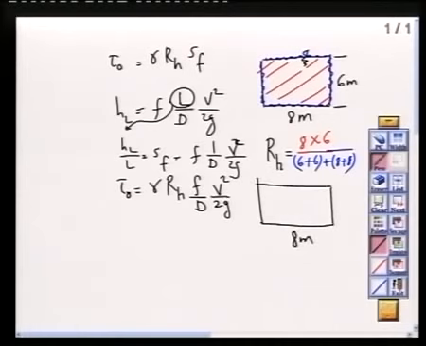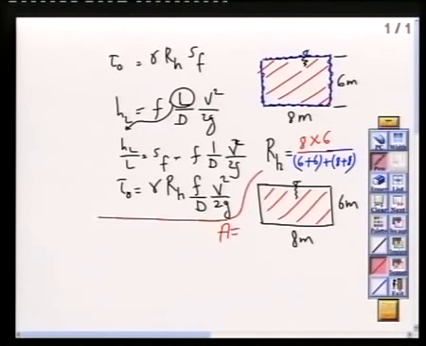Water is 6 meters. Now the cross-sectional area of the flow will not really change. So A would equal 8 by 6.